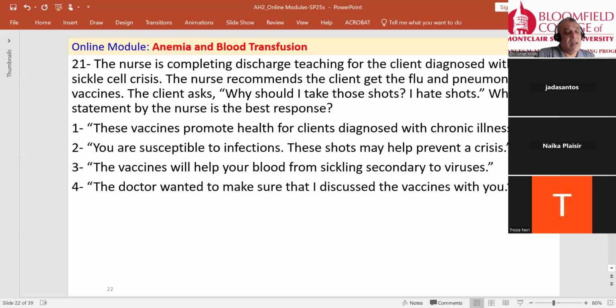Like when you have sickle cell, you're more at risk for infection, and that can trigger a crisis.